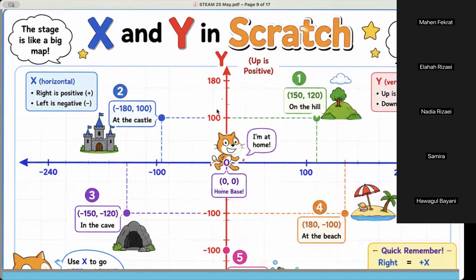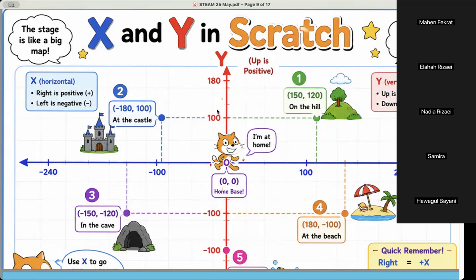Let's look at this. Now, which one is the horizontal line? Now I'm going to ask a question. Hawagul, welcome. Do you know which one is the horizontal line, Hawagul? Hello, dear teacher and my classmates. How are you? Dear teacher, I do not know about that. Okay, that's fine.